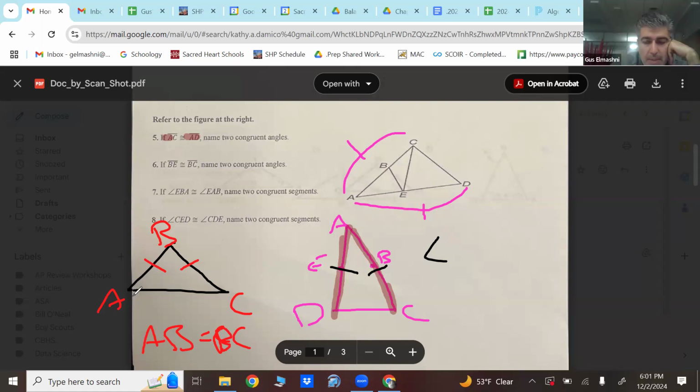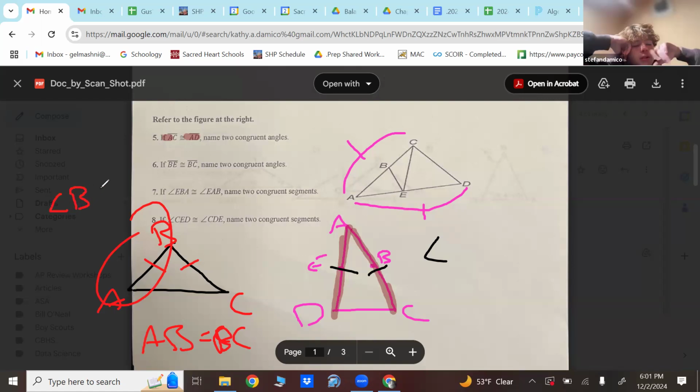What angle's opposite AB? Say it slowly. What angle is opposite BC? It's opposite. What angle's opposite BC?